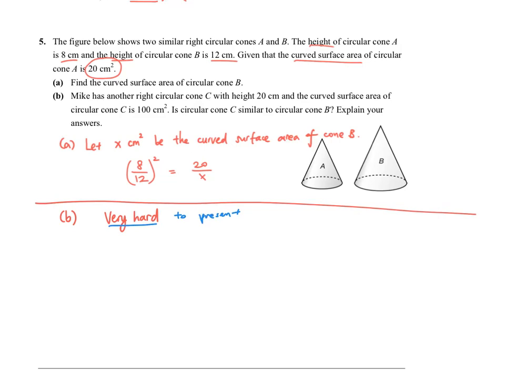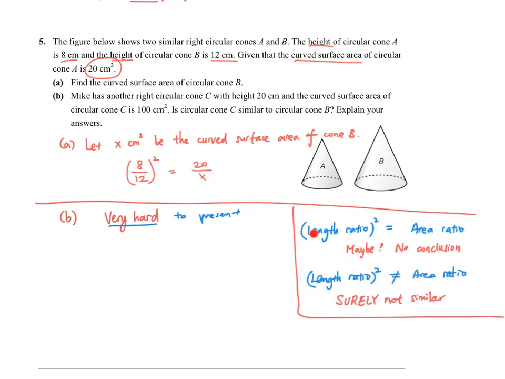So you can see the idea here in my drafts now. For the length ratio squared, if it is equal to the area ratio, don't fall into the trap. It's not always that they are similar. You can only say they may be similar. So you cannot draw any conclusion unless you know all the lengths, all the areas, all the volumes, which is actually quite impossible from the information given.